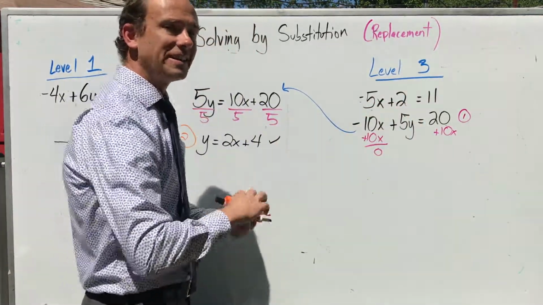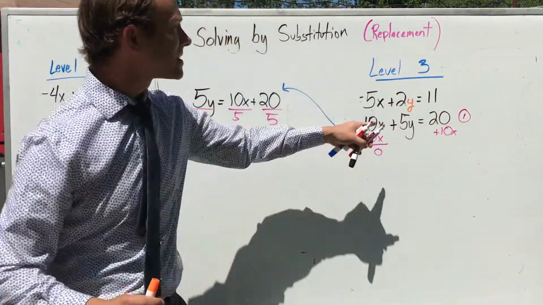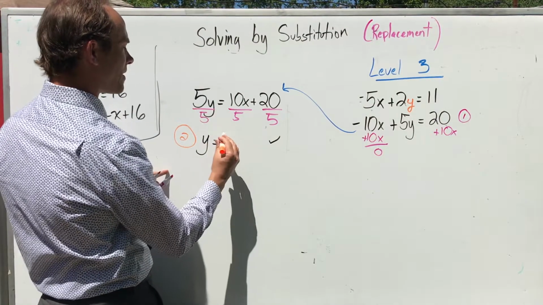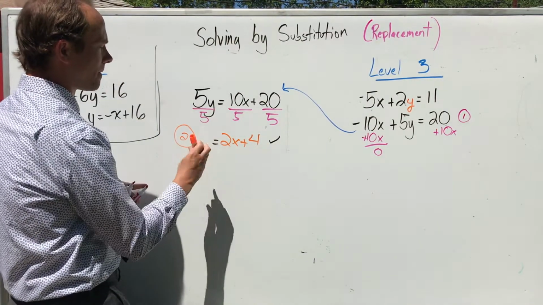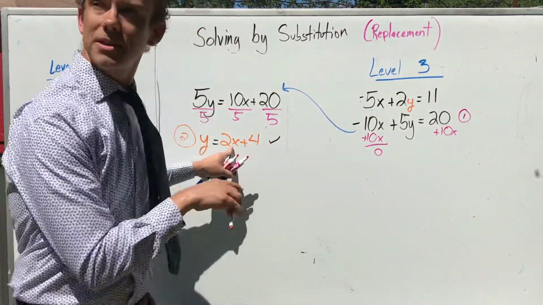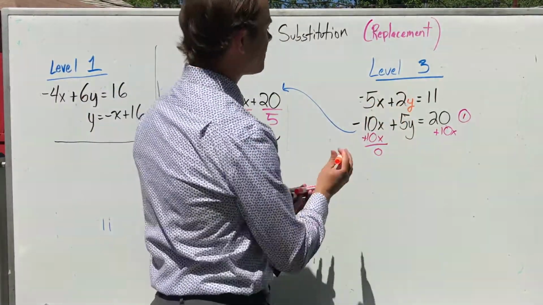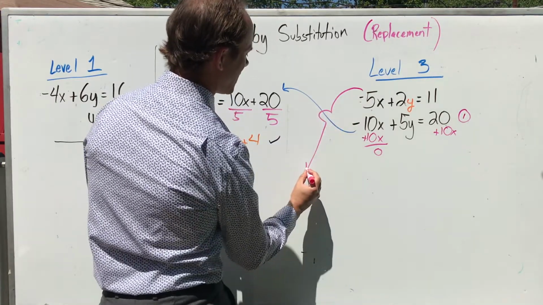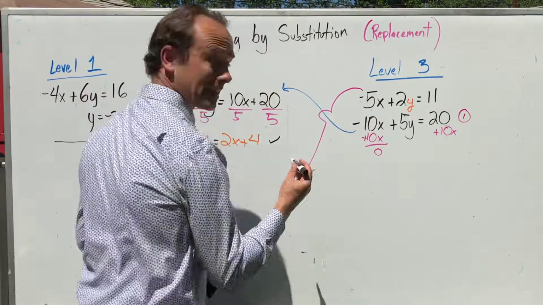It's kind of fun now. I'm like, ooh, little puzzle. I'm going to replace this y value with 2x plus 4, because I know y is the same as 2x and a 4. So now if I take this equation, it's a little bouncy on the board right now, but I think you're getting the point, I hope.